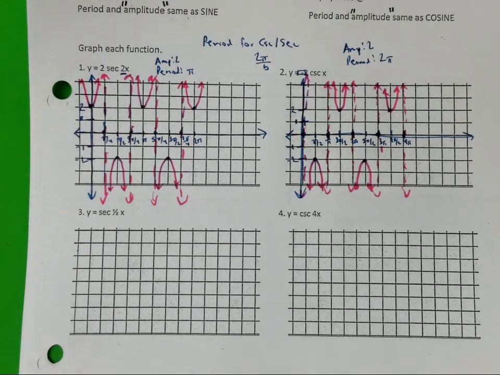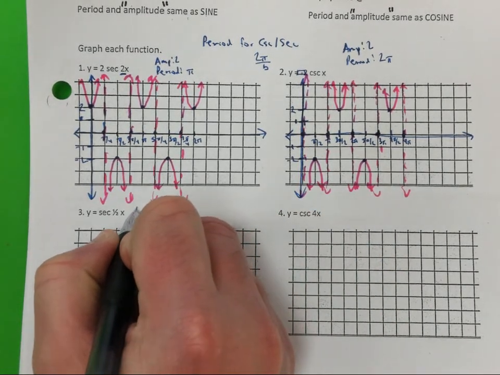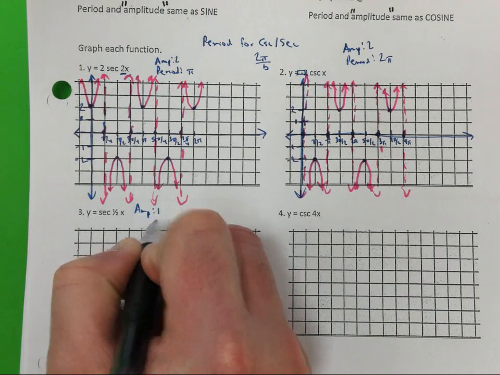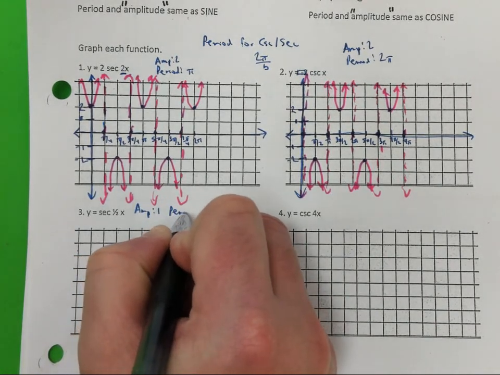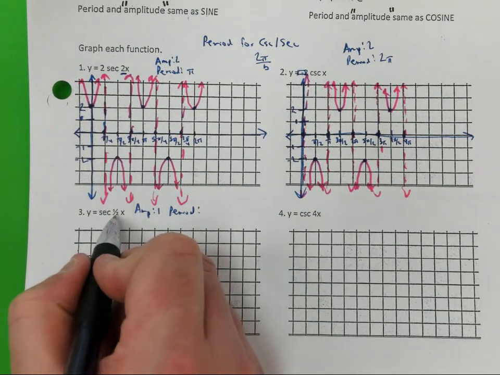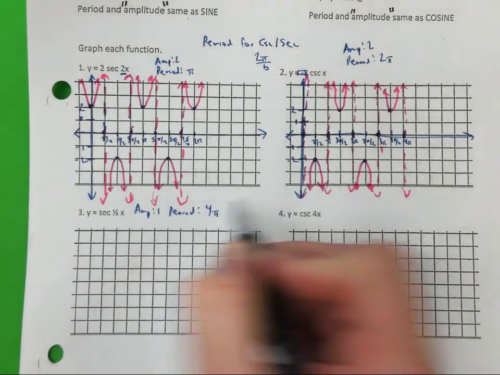Now let's look at number 3. Y equals secant 1/2 x. My amp is 1. My period is 2 pi divided by 1/2, which is 4 pi.